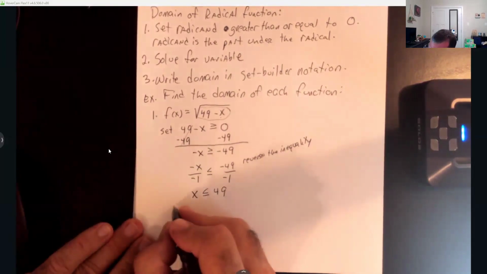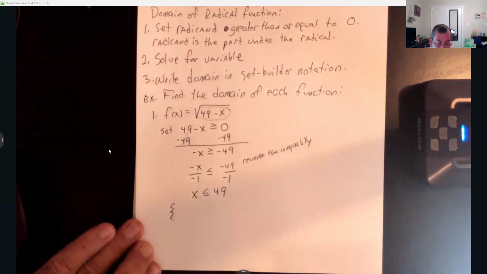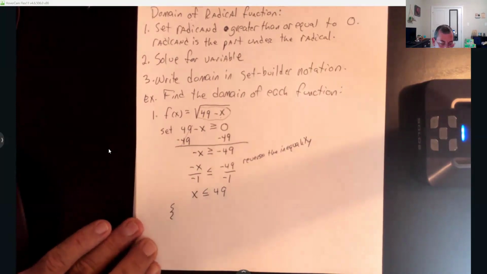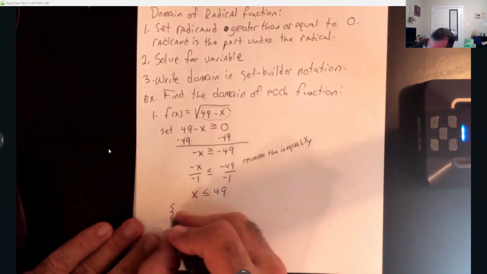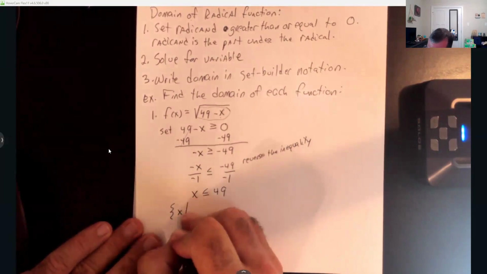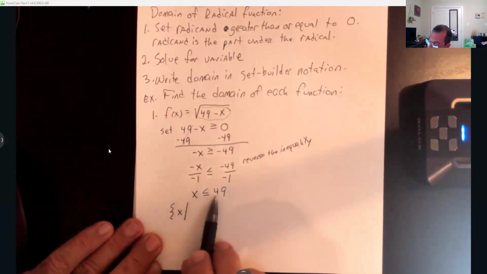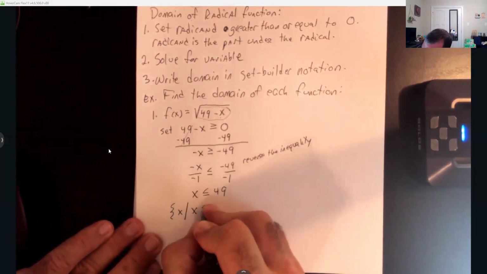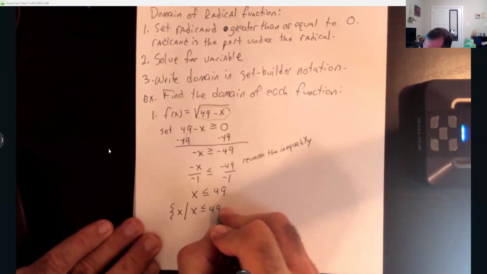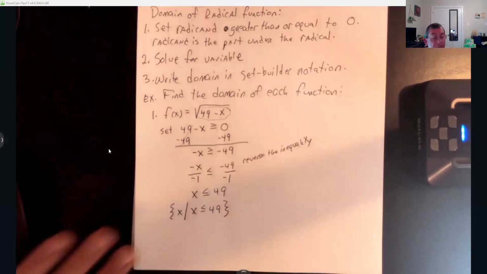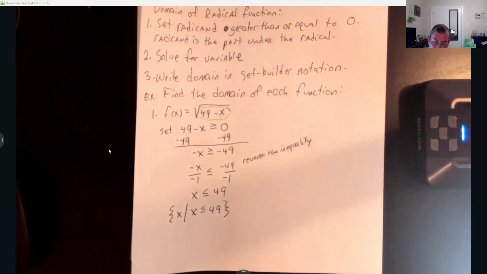So y'all, they'll have the little choices here. And all we do, it'll be x such that x is less than or equal to 49 on those, okay?